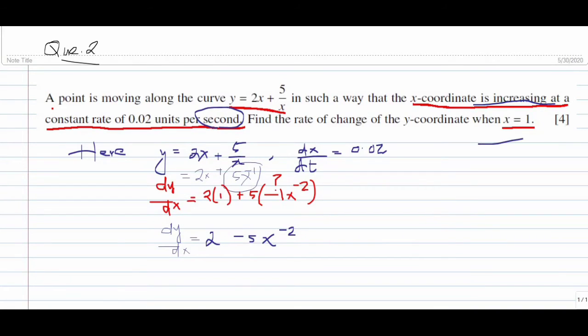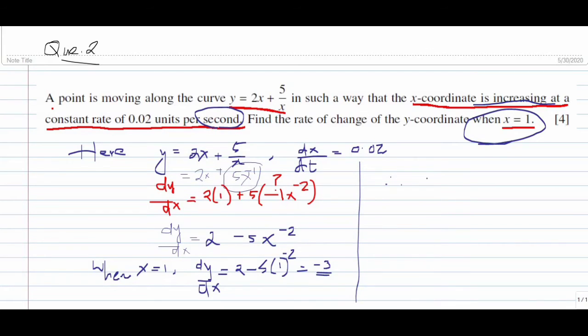Now when x is equal to 1, they have mentioned x as 1. So when x is equal to 1, what happens to dy by dx? When x is equal to 1, dy by dx is equal to 2 minus 5, 1 raised to minus 2. You know 1 raised to any power is 1. So we get the result as 2 minus 5, which is minus 3.